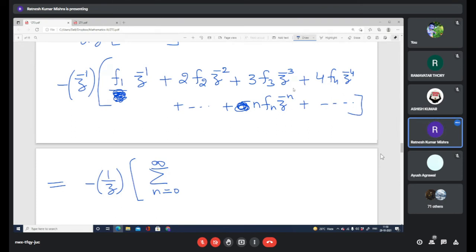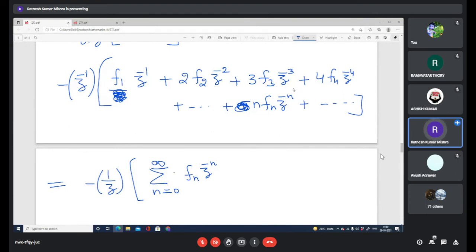from n equal to 0, how will it start? We have two choices, either start from n equal to 1. If we write this as n fn z to the power minus n, can anyone suggest, if this starts from n equal to 0?